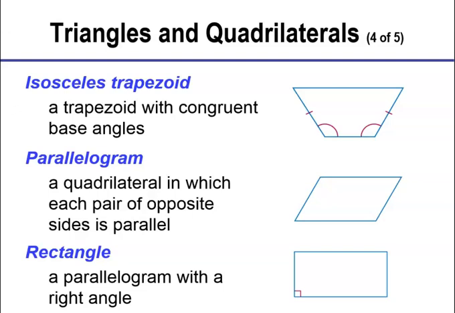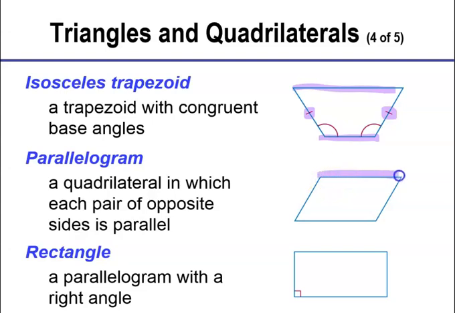What does that mean? Remember, a trapezoid means that you have two parallel sides, and there they are. Isosceles means the leg lengths are the same. So notice that notation with a single line across, that means those are congruent sides. What's a parallelogram? It's a quadrilateral, four sides, in which each pair of opposite sides are parallel.